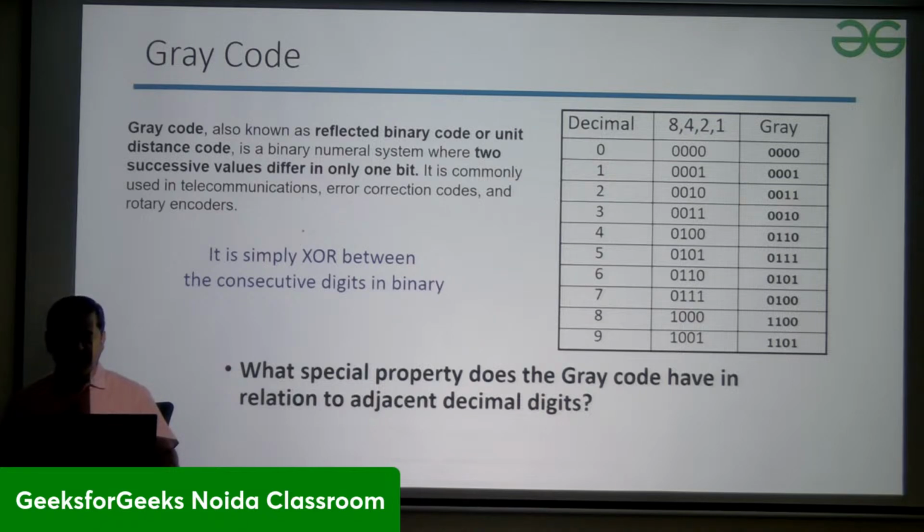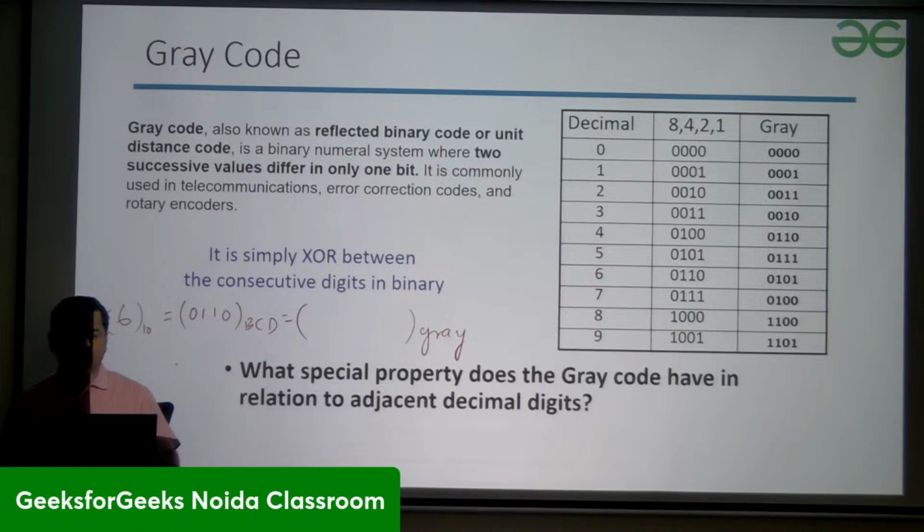Okay. So let me take a simple example. I just want to convert 6 in decimal, which is equivalent to BCD 0110, and I want to have the gray code.